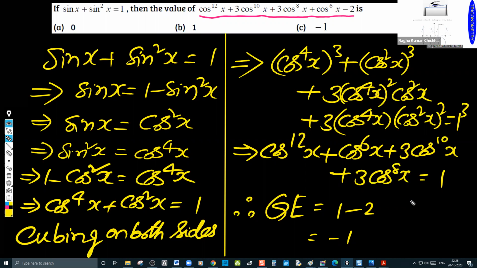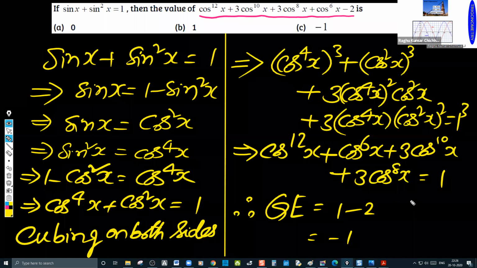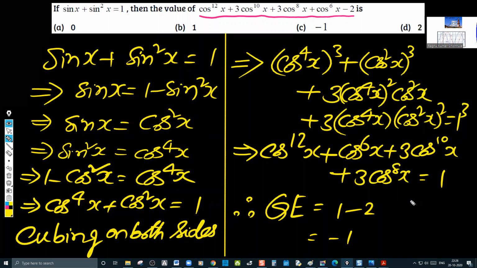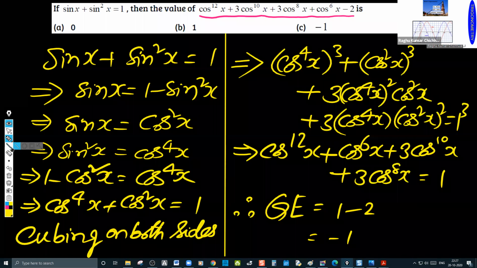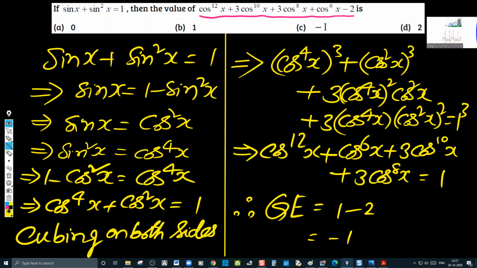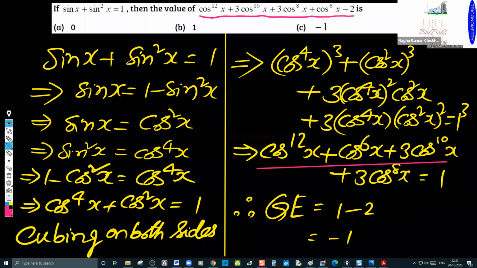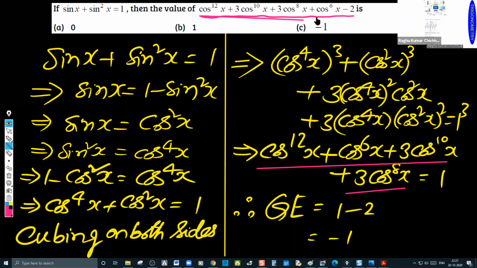I think it's clear. Bhavi, Maurya, did you understand that part? No, sir. What is its value? If you check now, its value, we got it to be 1. You can see the same here also.